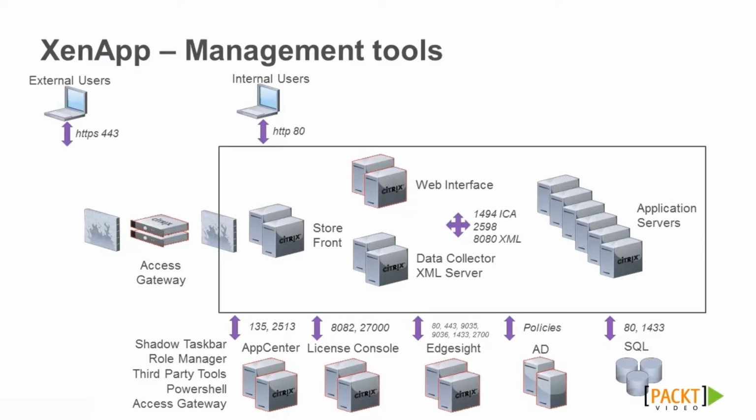In App Center, you provide users access to information by publishing the resources. When you publish applications, you make them available to users, and the applications appear to be running locally on their client device. This is the most common method of making applications available to users. Streamed applications use application profiles stored on a file server in the App Hub.